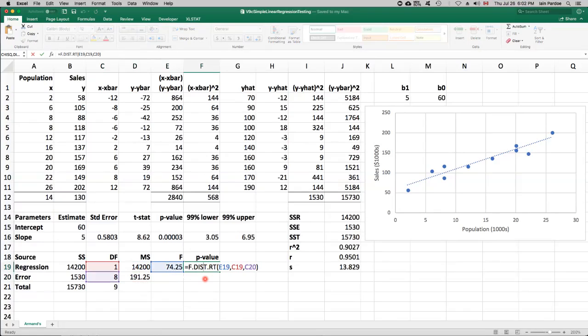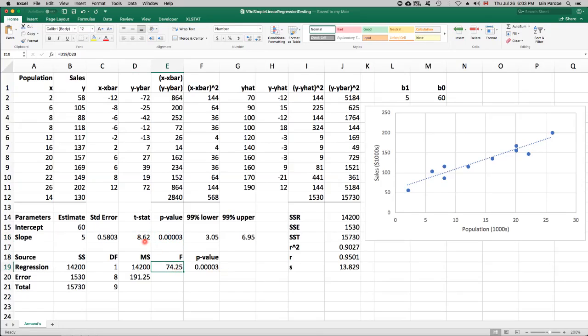It's the tail area in the right tail, because an F distribution is always non-negative. That tail area comes to 0.00003. It's the same as the p-value we got here, and that's no coincidence. For simple linear regression, these p-values will be identical. That's because there's a relationship between the t statistic and the F statistic in simple linear regression.